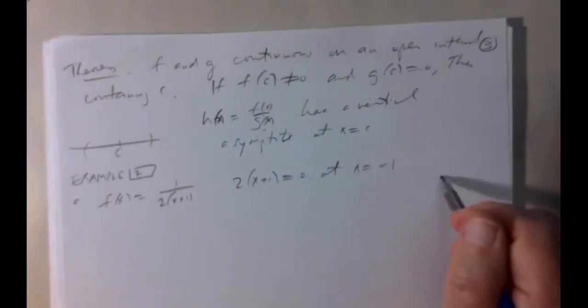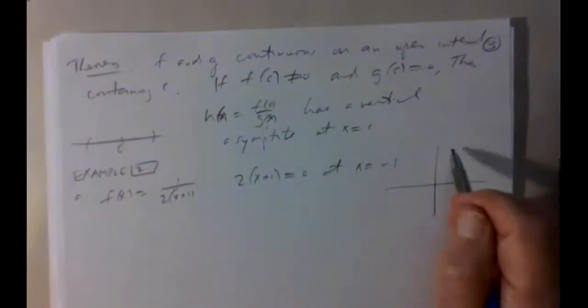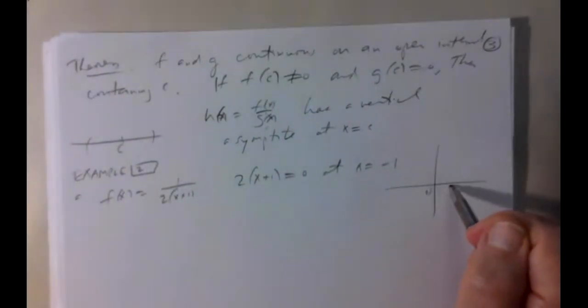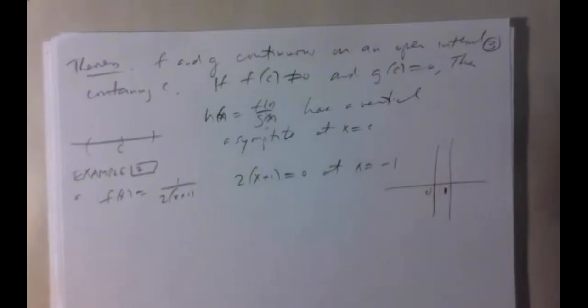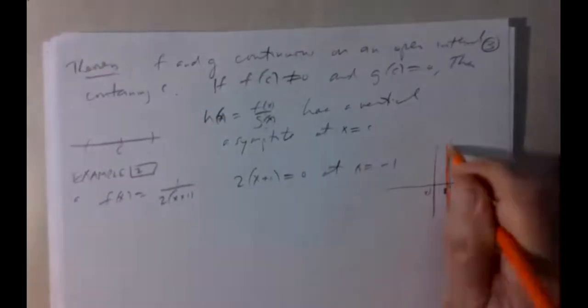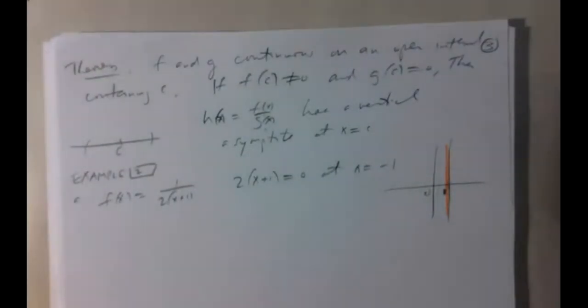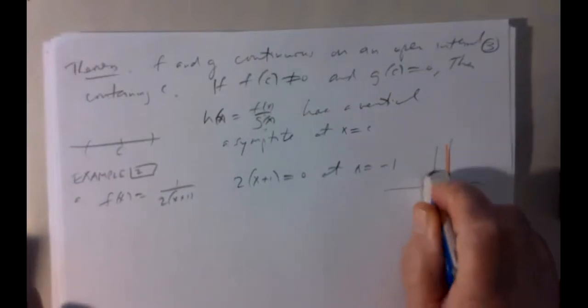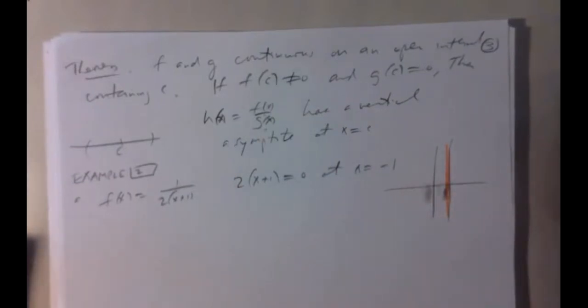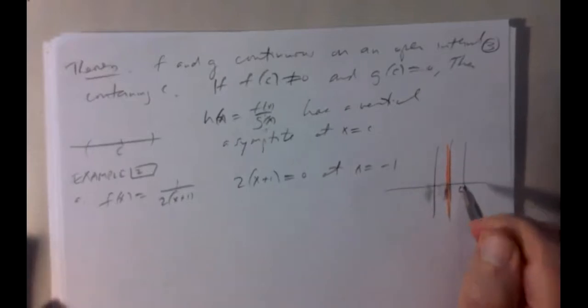And the graph of this function: this is 0. Oops, sorry, let me label this correctly. So this would be 0, minus 1, minus 2.